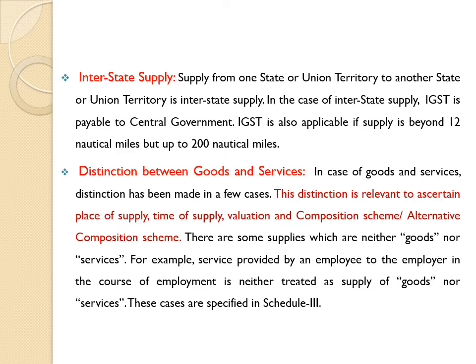IGST is also applicable if supply is beyond 12 nautical miles but up to 200 nautical miles. Interstate supply is taxed by the central government, and on it CGST and IGST are applicable.